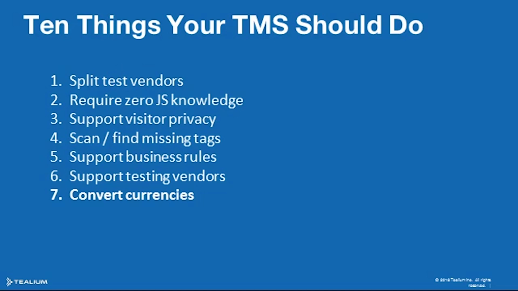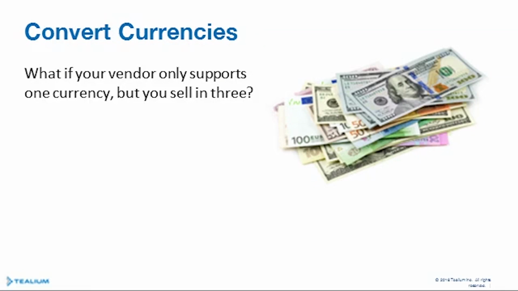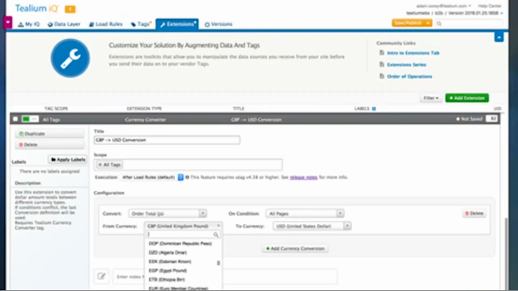This could be anything from lowercasing values or joining multiple data values into one before you send it off to a vendor, but it also could be for things like currency conversion. So let's say your analytics vendor or your conversion pixel for one of your vendors only supports one currency, but lo and behold, you sell in multiple currencies because you're a global company. How do you actually handle that?